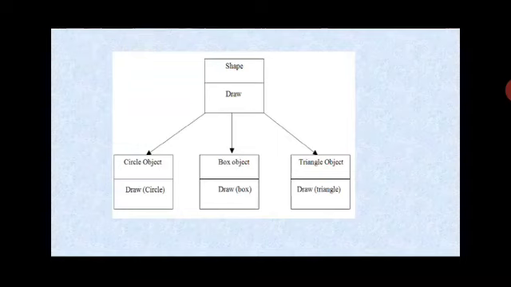Instead of this box object I can use any other thing. So we are going to draw a circle, box and triangle, or a square object also. Different objects, but the simple idea is to draw a shape.